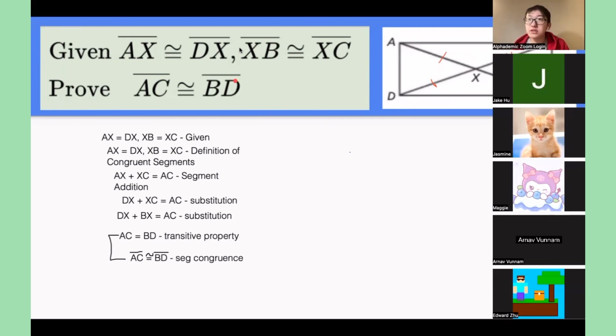So does that answer your question, Jake? Okay, great. Does anyone have any other questions on this problem? All right, I will keep moving along. Give me 1 second to clear.